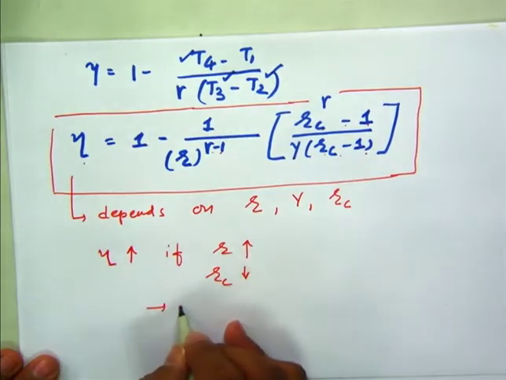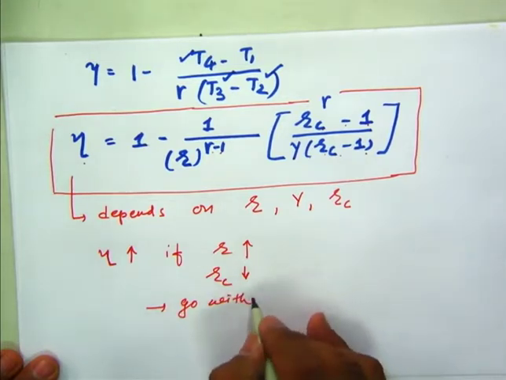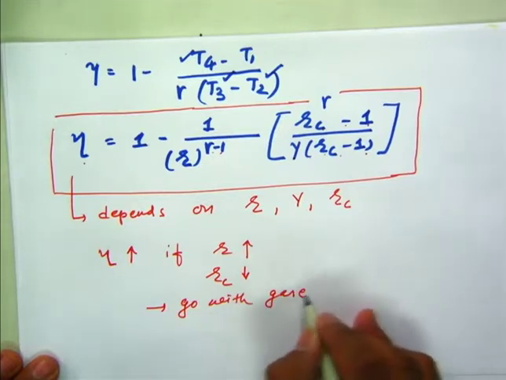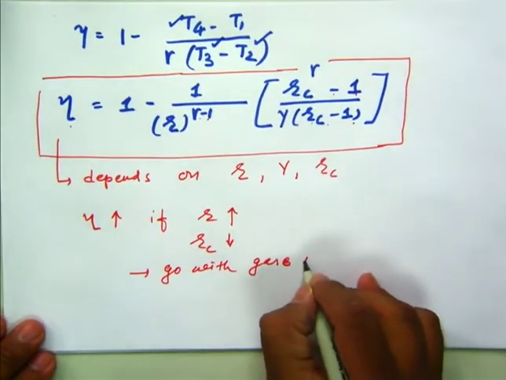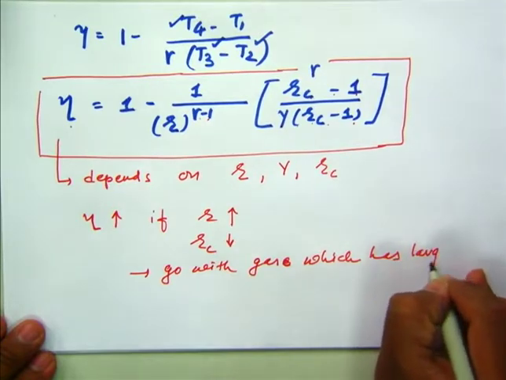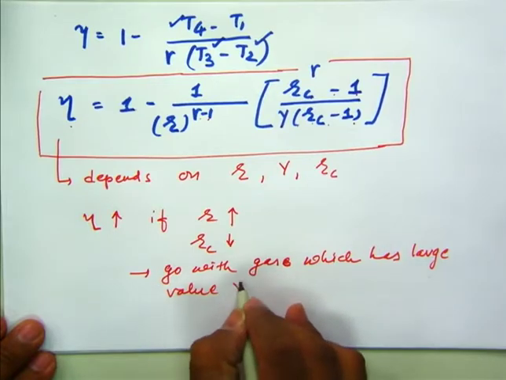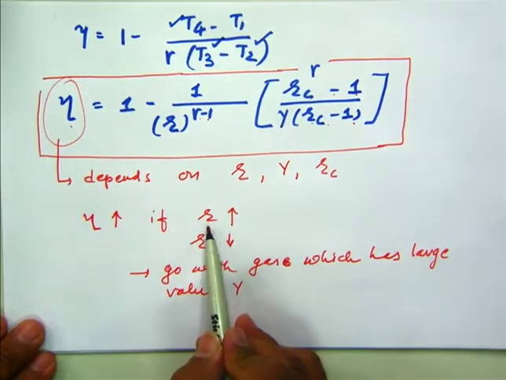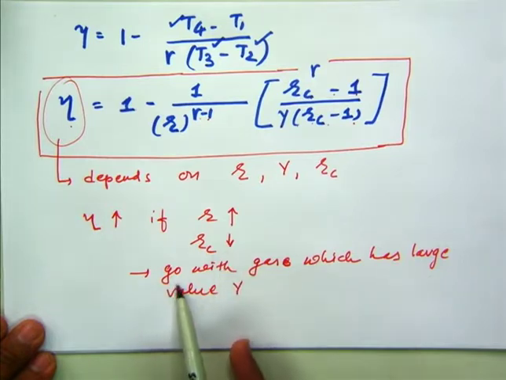Also go with the gas which has a large value of gamma. You can increase the efficiency of the cycle in 3 ways: take R at a higher level, RC lower, and a larger gamma value.